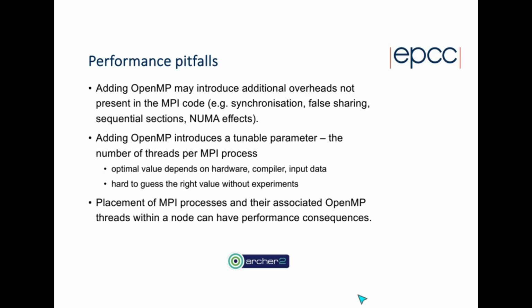Okay. And then the other thing you potentially have to worry about, depending on how your batch system is set up and implemented, is that the placement of MPI processes and their associated threads within a node can have performance consequences. Typically, if we're just using pure MPI, then in almost all cases, we simply don't care which MPI process is running on which core within a node. For most applications, it makes very little difference.